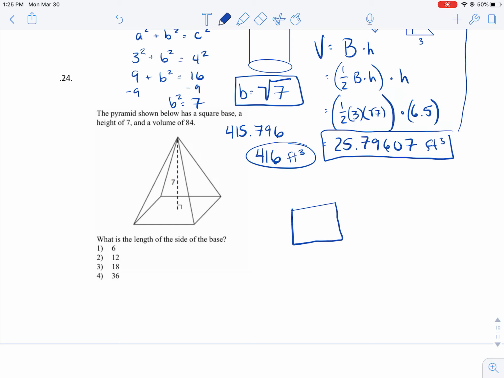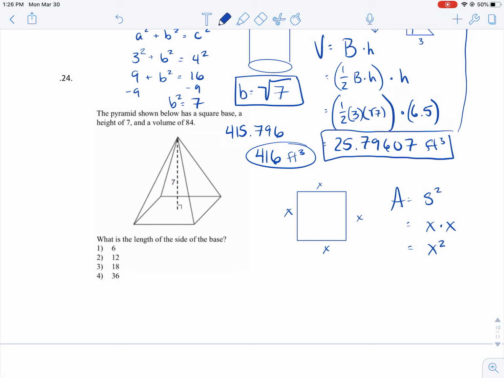Now we don't know what units this is, but that's okay. So it has a square base, which means that our base, all of its sides are the same.